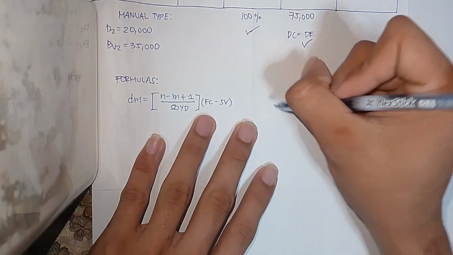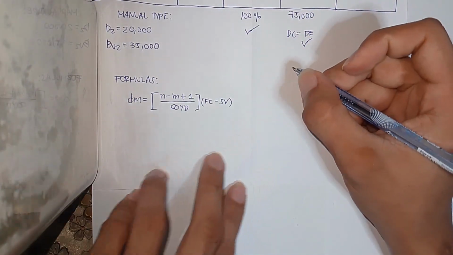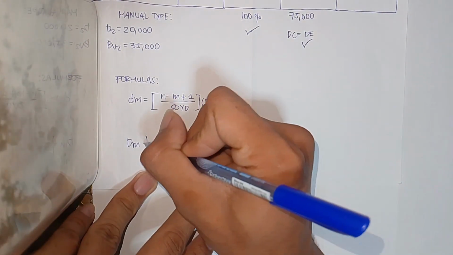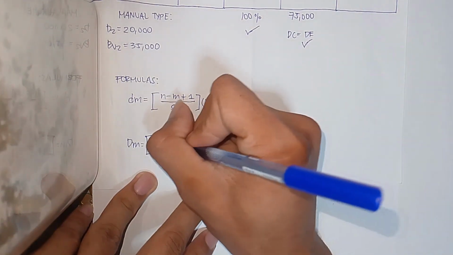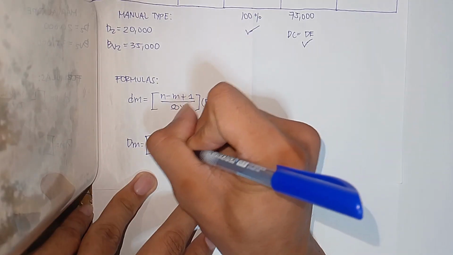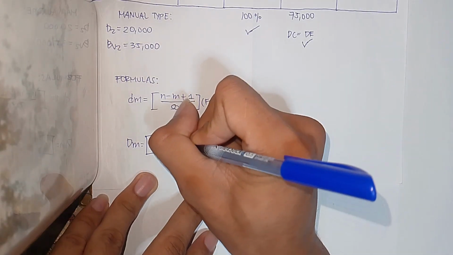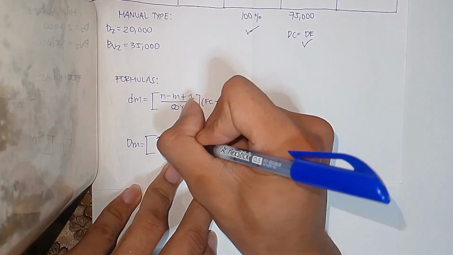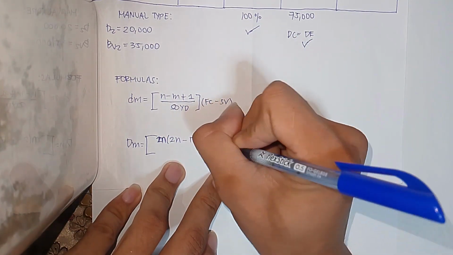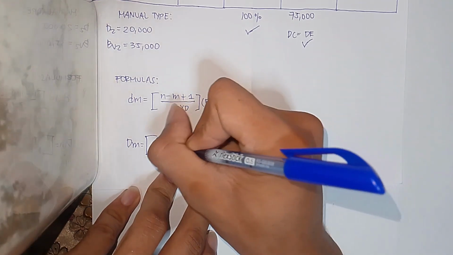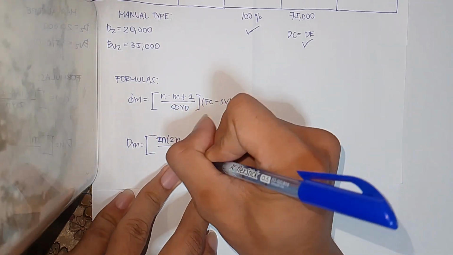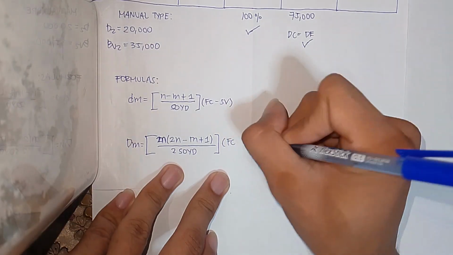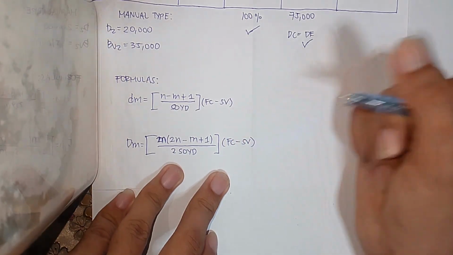The other one is Dm equals m times (2n minus m plus 1) over 2 SOYD times first cost minus salvage value.